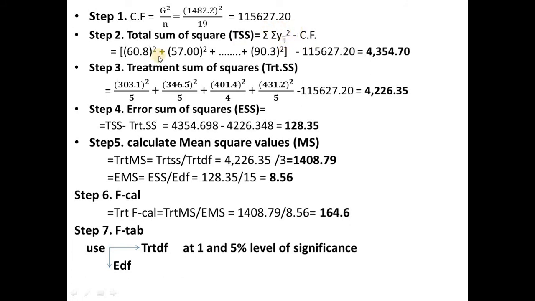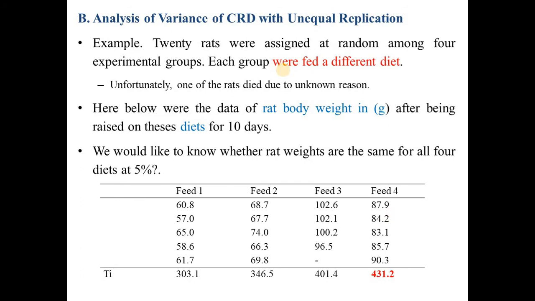The first observation was 60.8, and we square this value, plus the square of the second observation, 57.0, plus, and so on, until lastly squaring the last observation, in the fourth treatment, the last replication. We can see here the fourth treatment with the last replication.